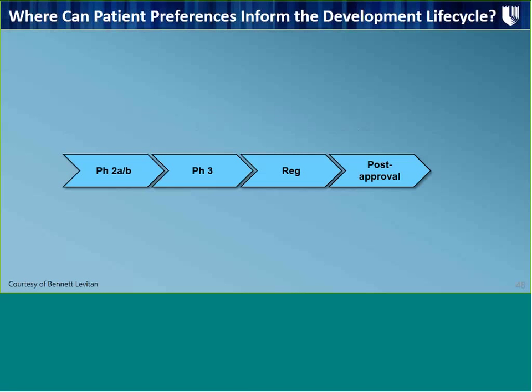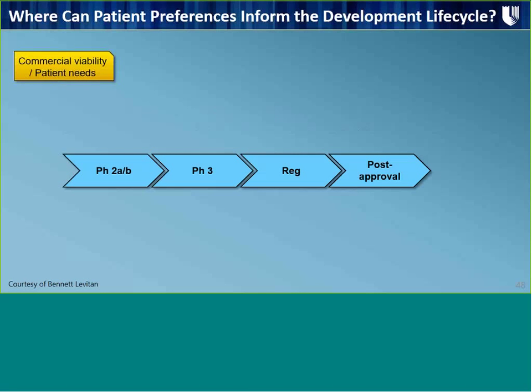Well, we have been focusing on benefit-risk decision-making and how preference information could inform that. But we're not going to go into any detail of this, but the same sorts of approaches and considerations could inform decision-making at virtually any stage of the product life cycle.